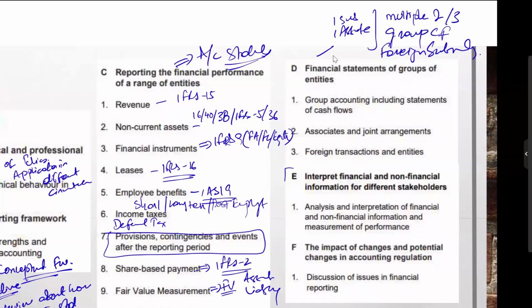Then lastly, there is the interpretation of the financial and non-financial statements. When you talk about the interpretation of this financial and non-financial information, how would things go about?